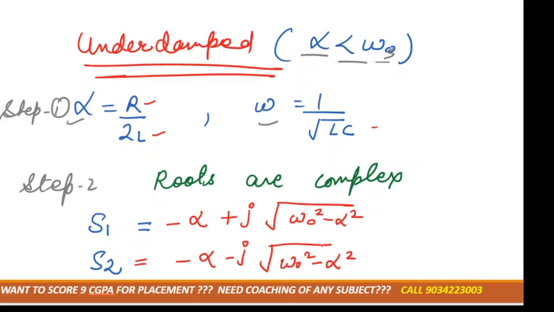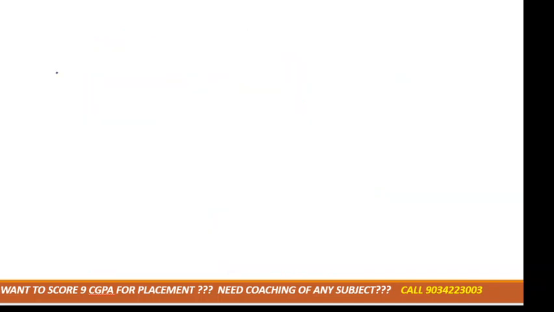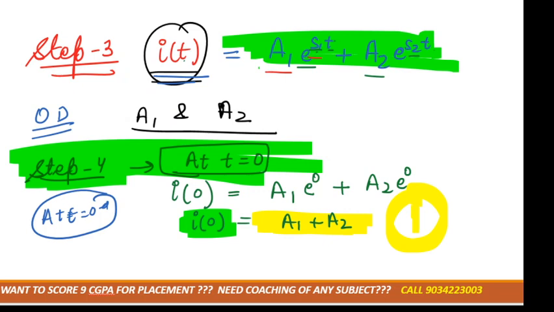Clear? So in this we'll use damped frequency. What is the formula for the damped frequency? Omega d represents the damped frequency and the formula for this one is root of omega naught square minus alpha square. Got it? So step number 2 is done.